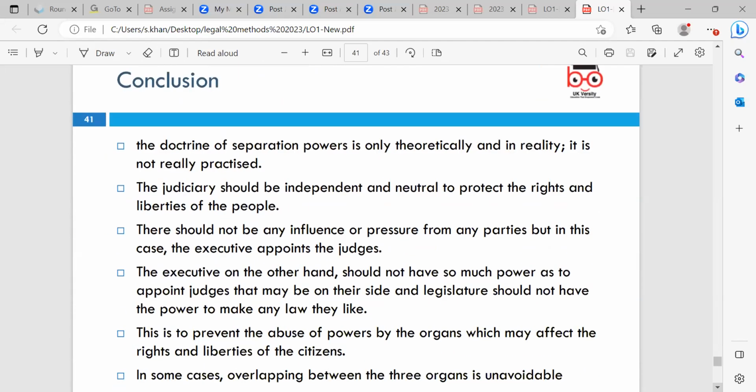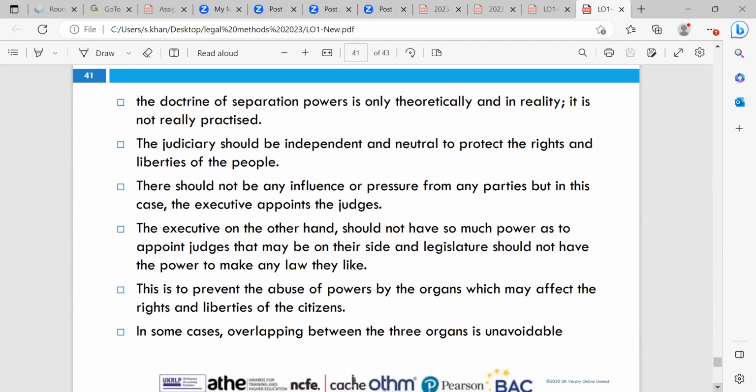And now, in conclusion, the doctrine of separation of powers is only theoretical, and in reality is not really practiced. Okay. The judiciary should be independent and neutral to protect the rights and liberties of people. There should not be any influence or pressures from other parties, but in this case, the executive appoints the judges.